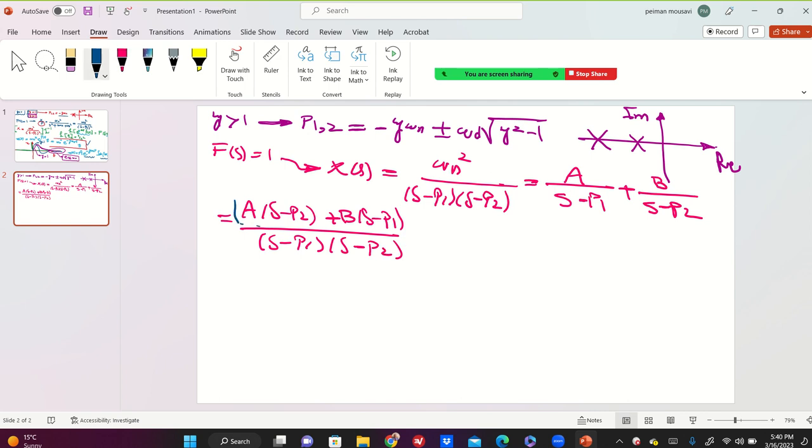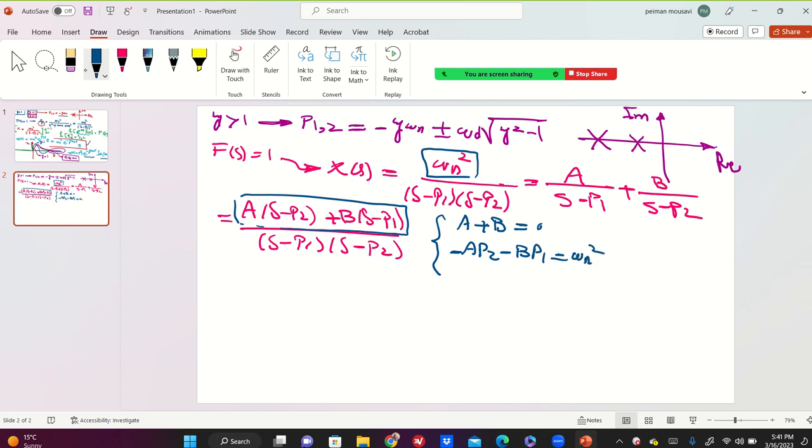Obviously, the numerator equals omega n square. So if you sort it based on the order of s, I'm just doing this very rapidly from my mind because I have taught this a million times: A plus B is 0, and minus A p2 minus B p1 is omega n square.